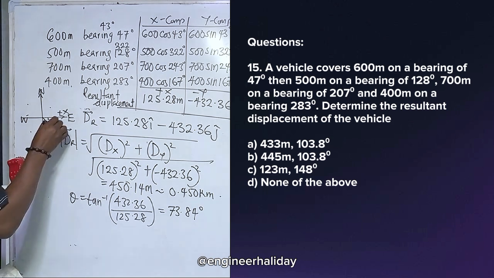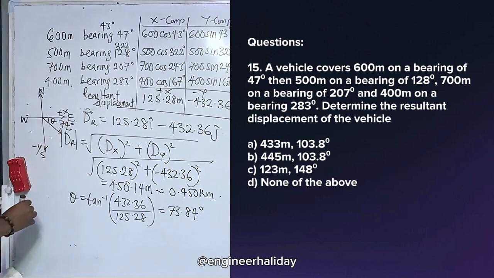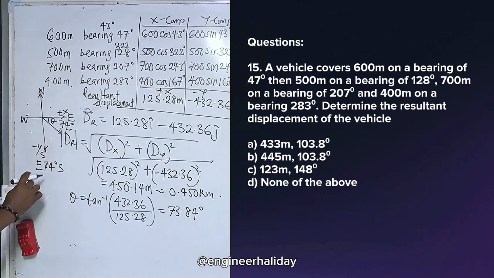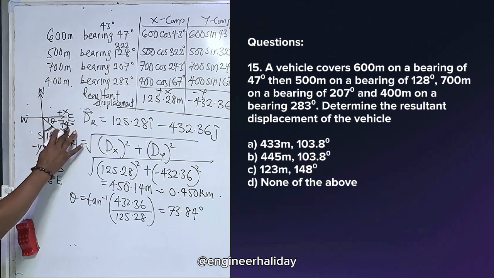So if I want to interpret it, 73.84, let me approximate it as 74 degrees. So you can interpret it as east 74 degrees south. Or here will now be 16, so we have south 16 degrees east, because this 16 is resting on the south. Why is this one resting on the east? 74 is resting on the east.